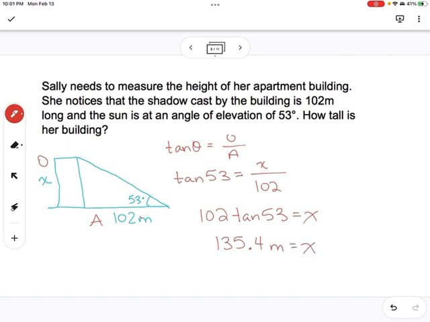Okay, so now that I have my solution, I need to make a therefore statement. So the question is asking, how tall is her building? So therefore, her building is 135 meters tall.